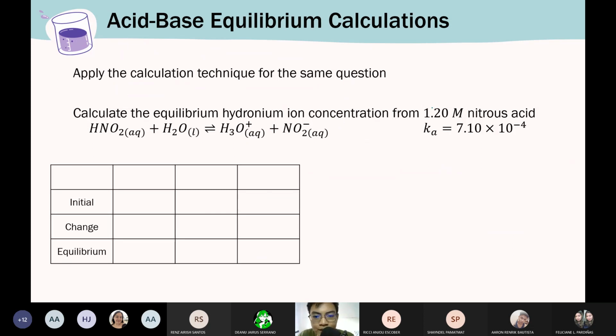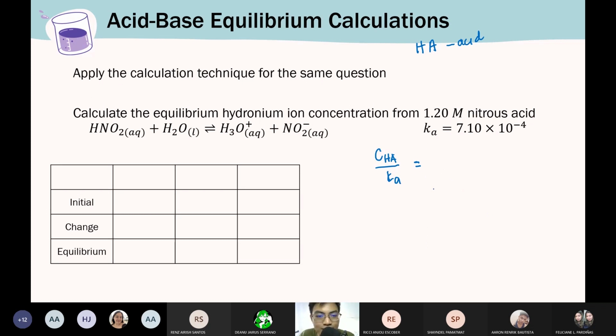Ano sabi ko? You divide the concentration of the nitrous acid and the Ka. So I will call the acid HA, no? Di ba yun yung tawag natin kay acid, no? So instead of writing HNO2, I will just write HA. So i-divide ko si Cha kay Ka. Okay? So tignan ko if that's greater than 1,000.